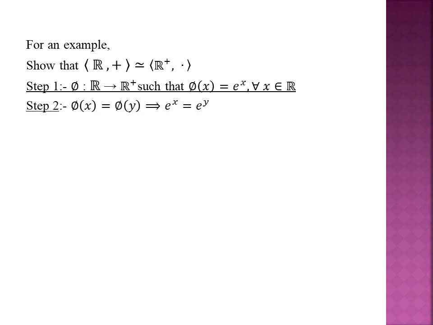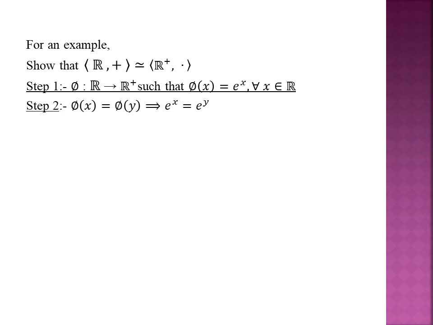Step 2: we have to check whether the function phi is one-to-one or not. If phi of x equals phi of y, then e raised to x equals e raised to y. We already defined phi of x equal to e raised to x, so phi of y is e raised to y.